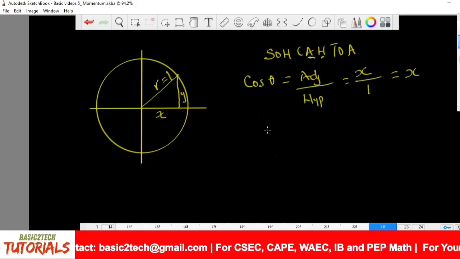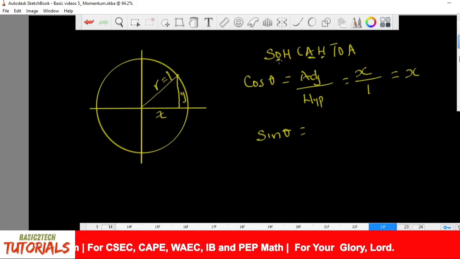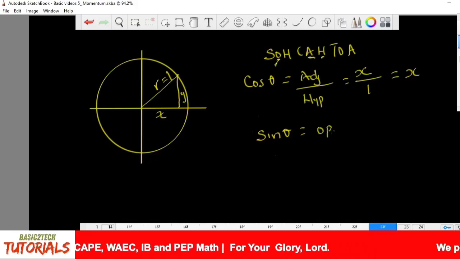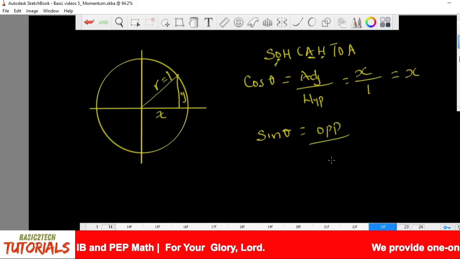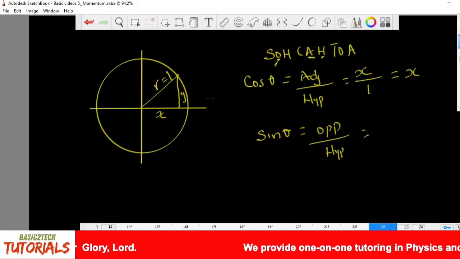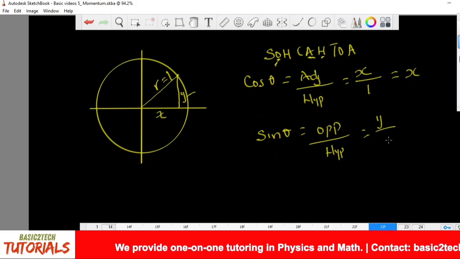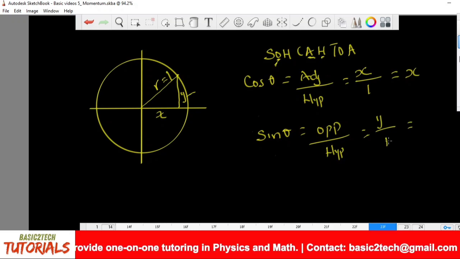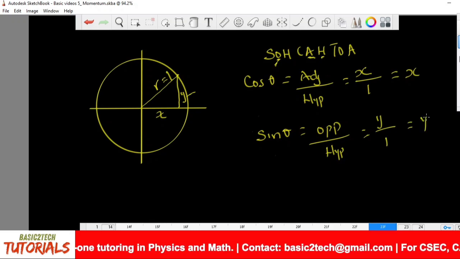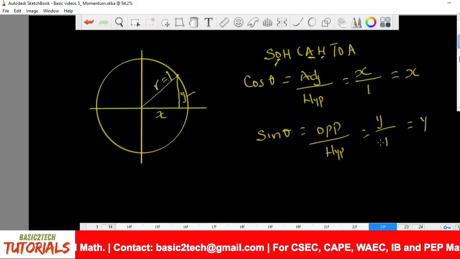To find the sine theta, sine is opposite over hypotenuse. The opposite from our diagram is y. y over hypotenuse, which is 1. So that gives us what? y over 1 is y. Because the hypotenuse is 1, the fraction will vanish.